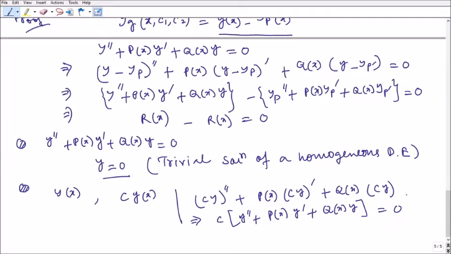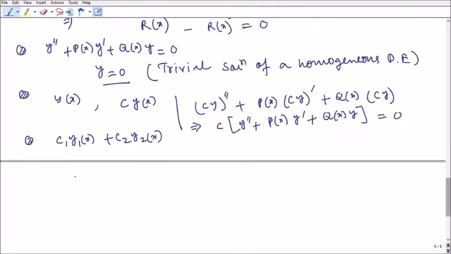Now let me check if this type of function, suppose c1 y1 of x plus c2 y2 of x, is a solution of the homogeneous differential equation or not, where y1 and y2 are any two solutions of this homogeneous differential equation.